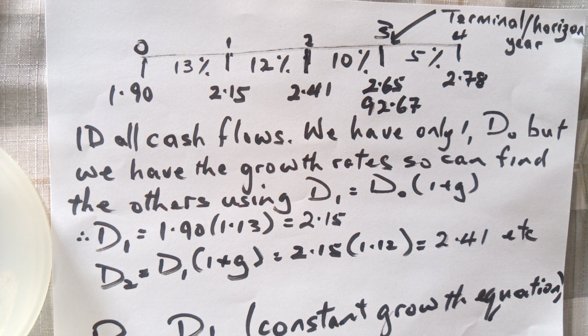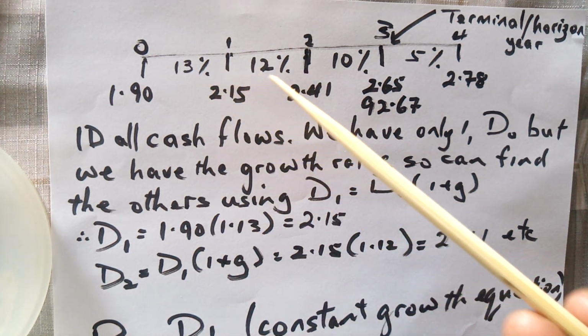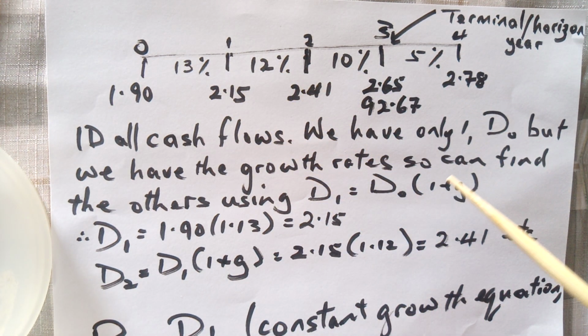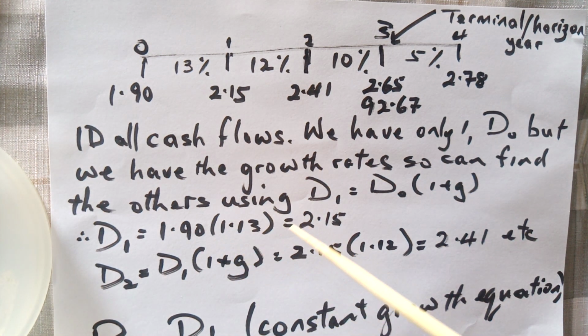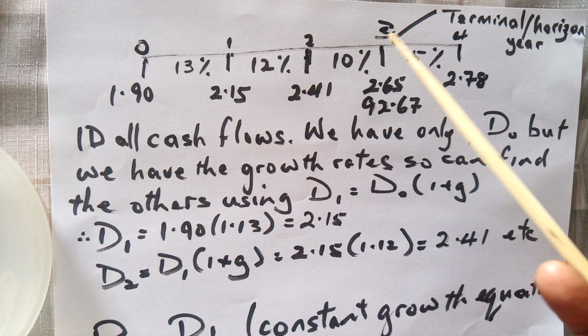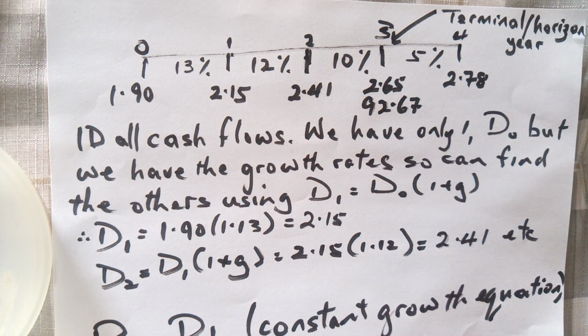So we use the growth rates given, put them into the equation D1 equals D0 times (1 plus g), as you can see from the examples here. And we calculate D1, D2, D3, and D4. Just like that.